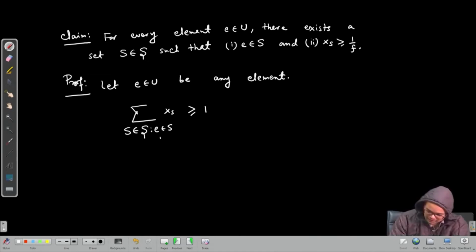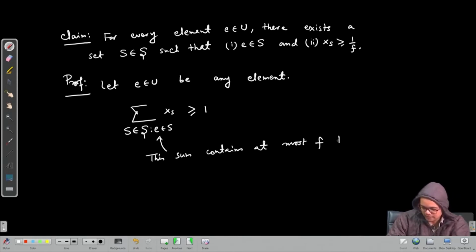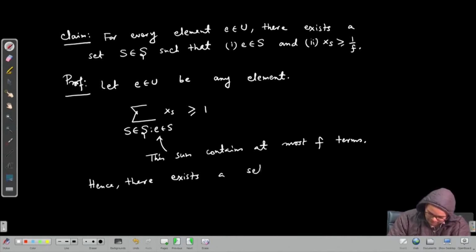Now this sum contains at most F terms, and they sum up to at least one, hence there exists a set S in script S such that 1.